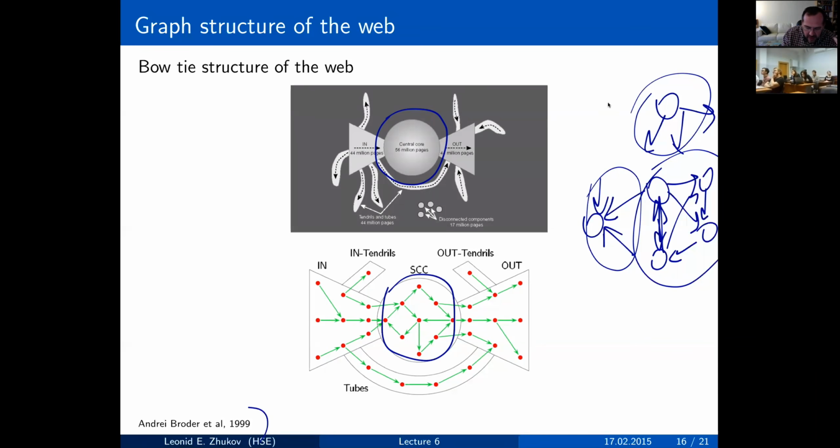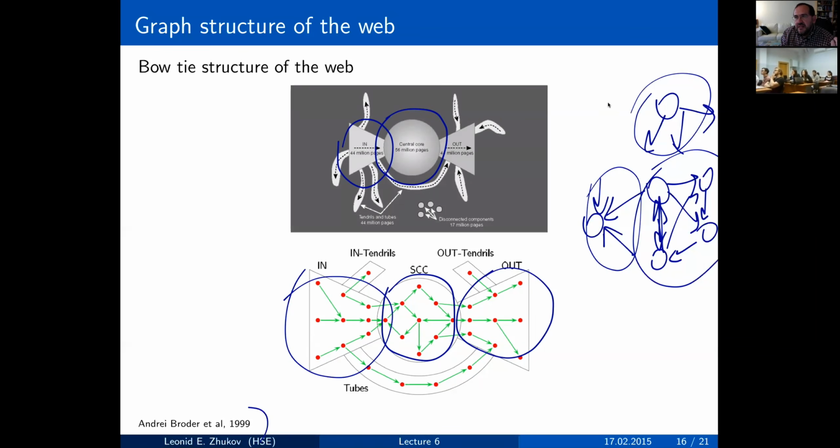Then there is what they called in nodes. These are nodes that are connected to the strongly connected component. So if you start from those pages, you can get into this strongly connected component, but you cannot get out. And there is another type of pages where you can come to them from the strongly connected component, but you cannot get back to the strongly connected component.